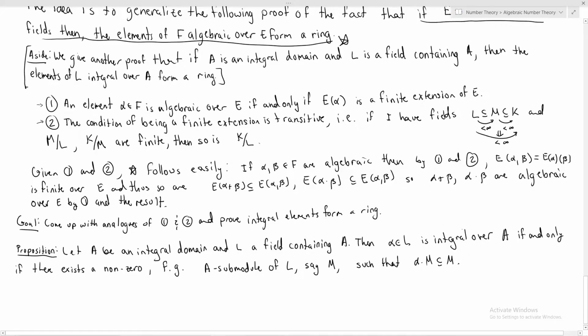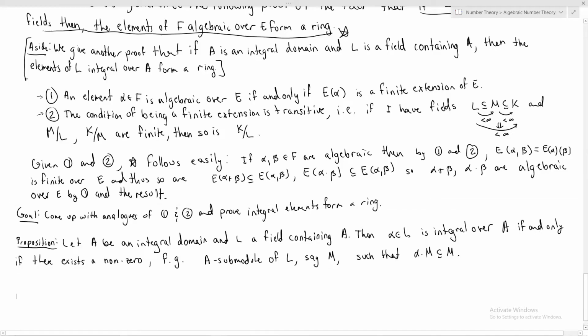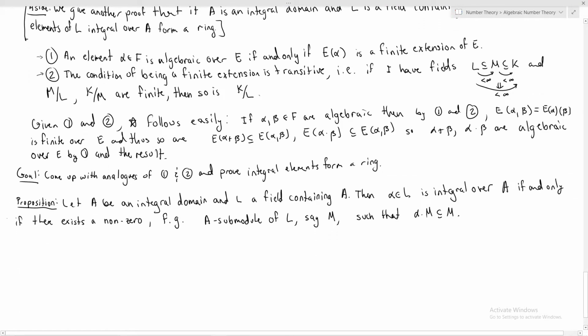Okay. So how do we actually prove this? Before I prove this, let me just give you the corollary and the way we'll apply this. Corollary: I'm going to let A and L be as above.